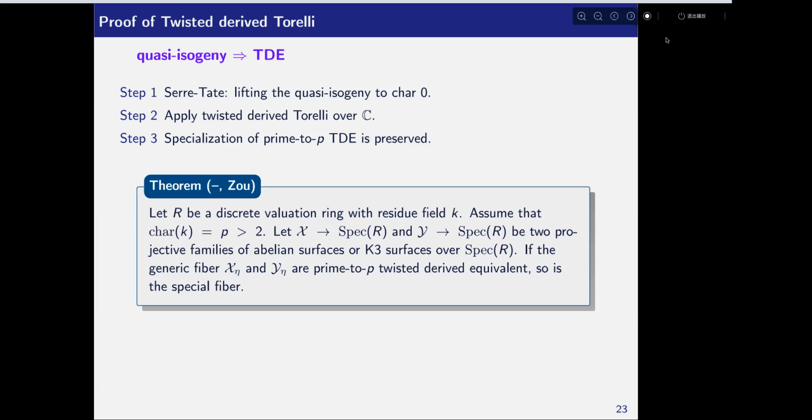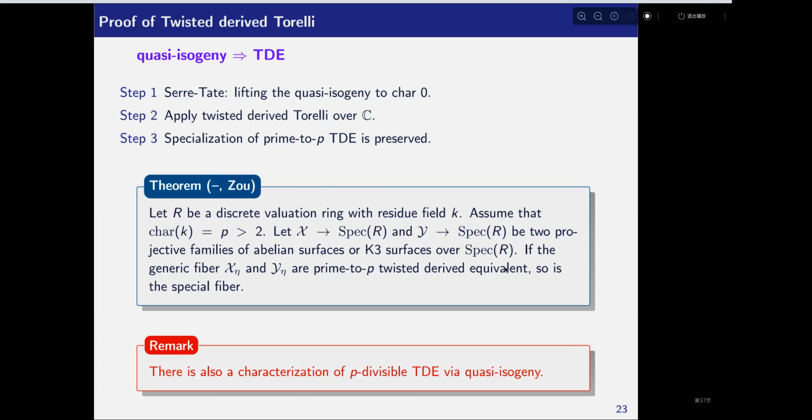So first we lift and then we do the specialization. There is also a characterization of p-divisible twisted derived equivalences. That means if given some projective families, if there is a not prime-to-p, but actually p-order twisted derived equivalence, we can also show that it corresponds to some special quasi-isogeny.